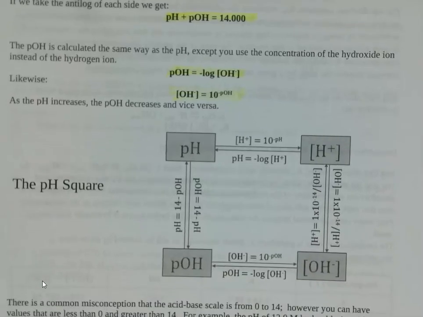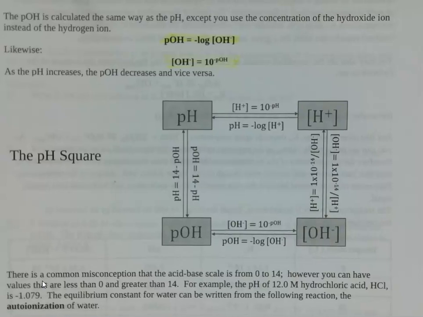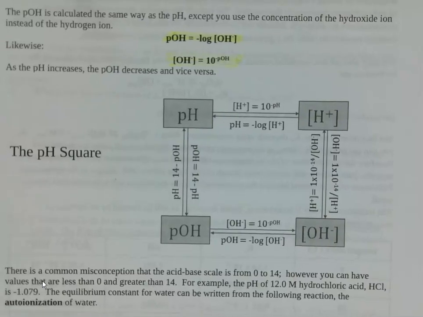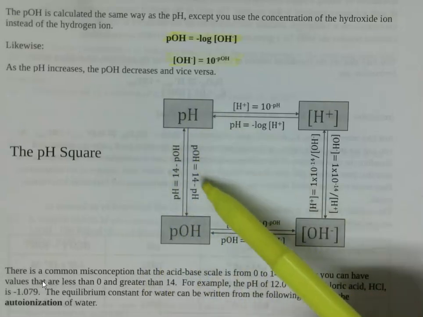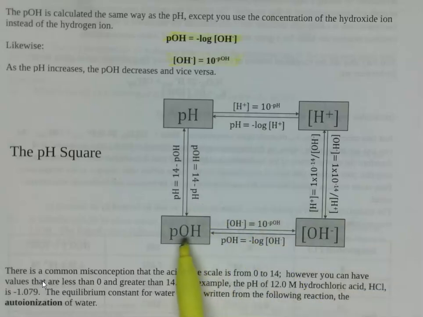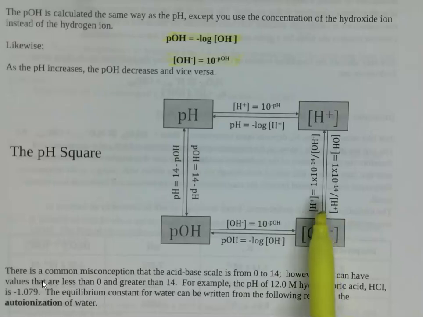They call it the pH square. I personally don't use that, but I did leave it in there if that helps some of you. According to which direction you're going, if you're going from pH to pOH, here's what it tells you to do. If you're going from pOH to the concentration, here's what you do, and so forth.